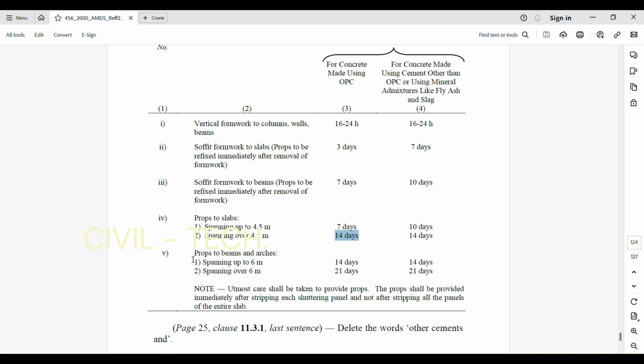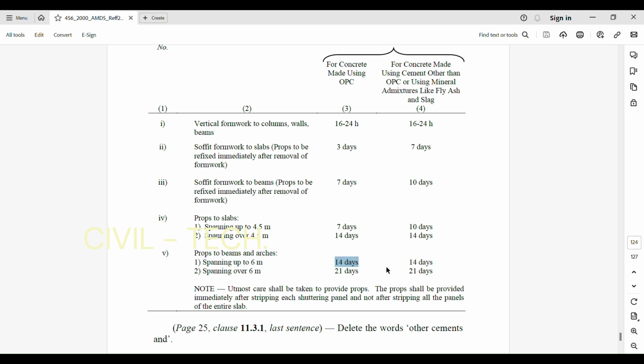Likewise, props to beams, like we said in the third point, soffit formwork to beams. The same backpropping system has to be retained if the beams and arches are spanning up to 6 meter.